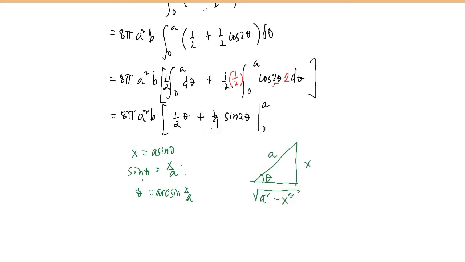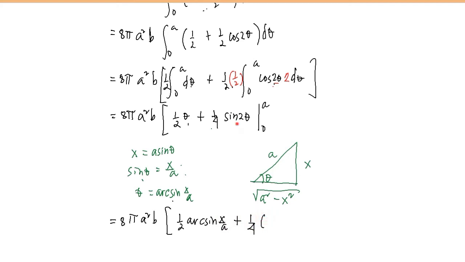So, let's go back to this. We have here 8 pi a squared b multiplied by 1/2. The theta is equal to arc sine of x over a, so this would be arc sine of x over a, plus 1/4.